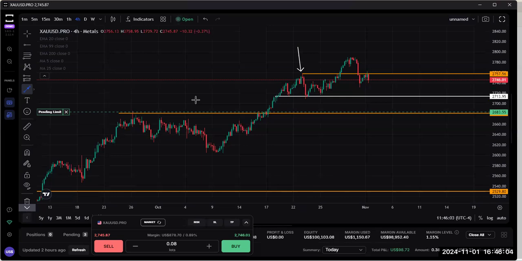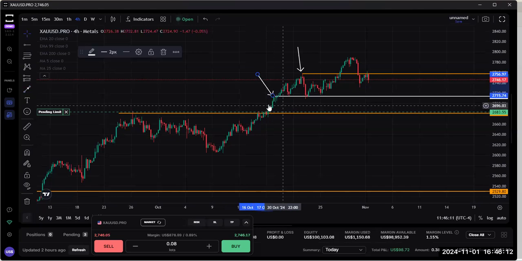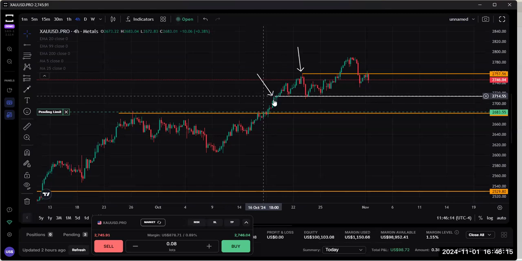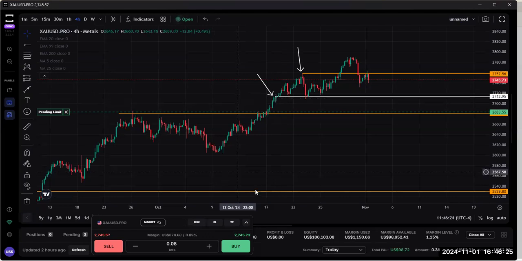Let me show you what I'm talking about. When it was coming up here, at this point, it stopped. It didn't continue the journey. So this candle stopped here. The next candle couldn't break above. The next candle struggled to break above. Then, let me zoom in.